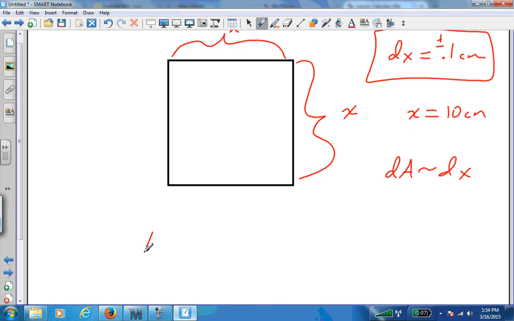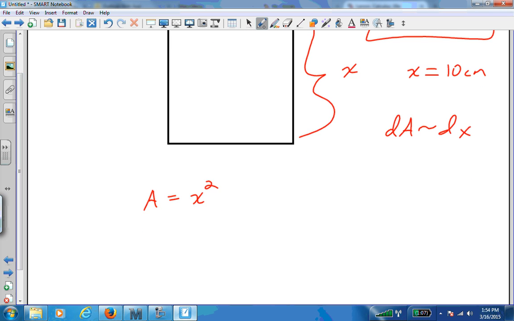So area of a square is side squared. Or if you think about it as a rectangle, length times width, x times x is x squared. So if we take the derivative of both sides, dA over dx equals 2x. So the error in the area is equal to 2x times the error in the x.